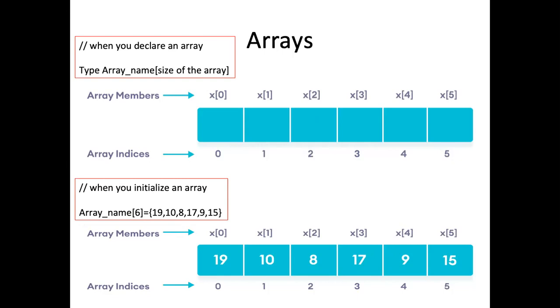So for example, here you have 19, 10, 8, 17, 9, 15. These are 6 values. Those 6 values would reside at different indices of the array. So 0 index would correspond to the content 19, 1 would correspond to 10, 5 would correspond to 15.